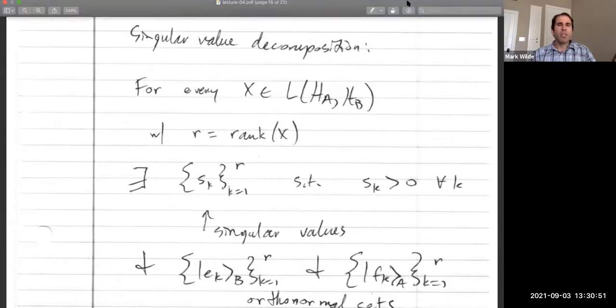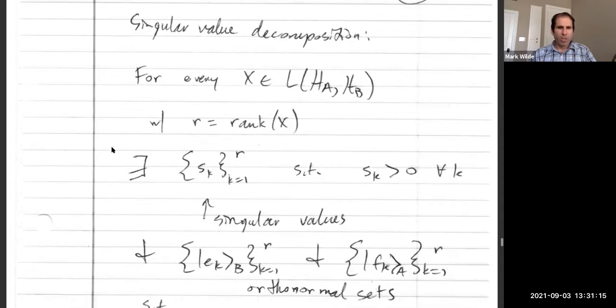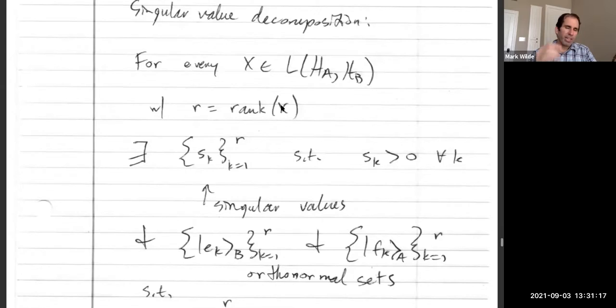Okay. I mentioned earlier the singular value decomposition as the fundamental theorem of linear algebra. So let's review that now and write it in Dirac notation. Okay, so for every linear operator X with rank R, remember we defined rank as the dimension of the image, but I actually think it's easier to think of rank as the number of singular values from this theorem, okay?